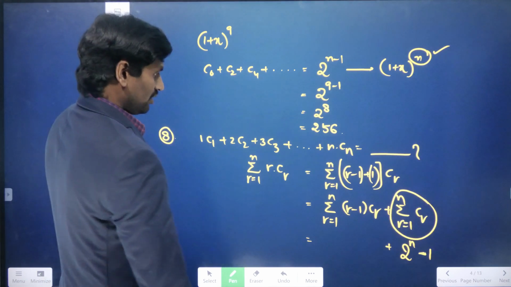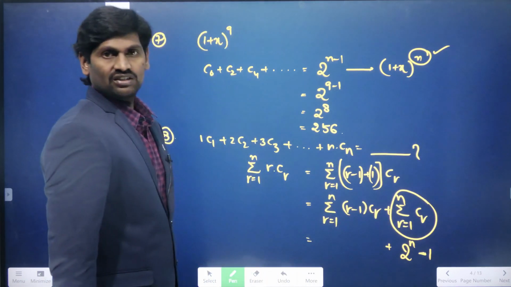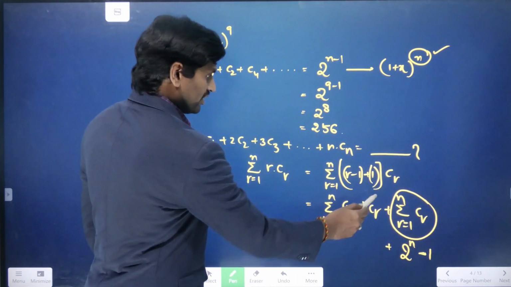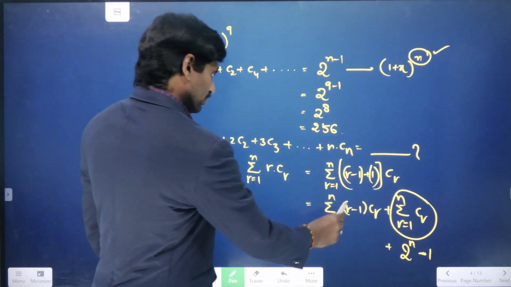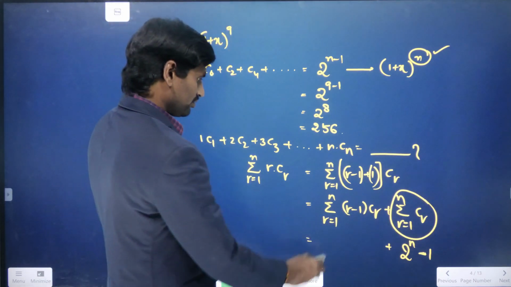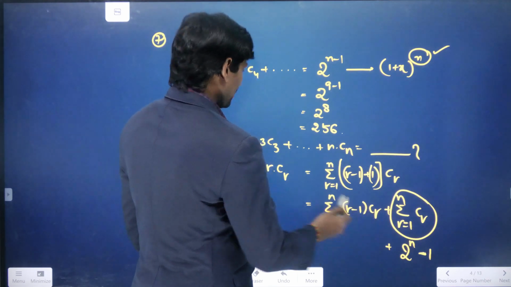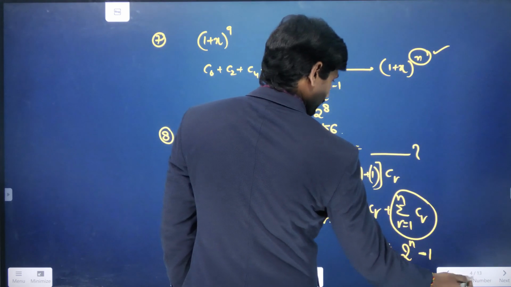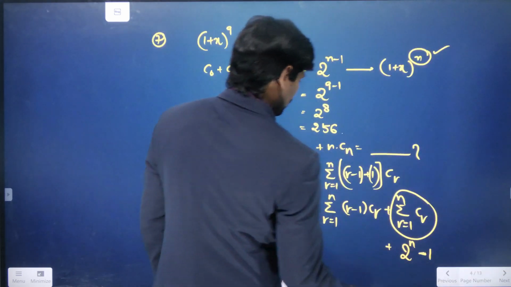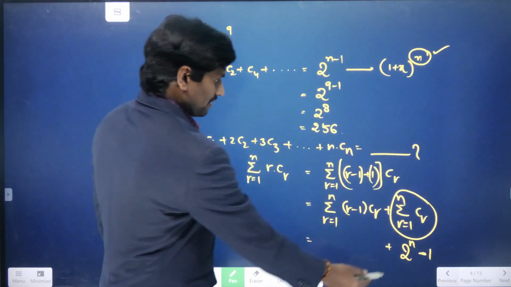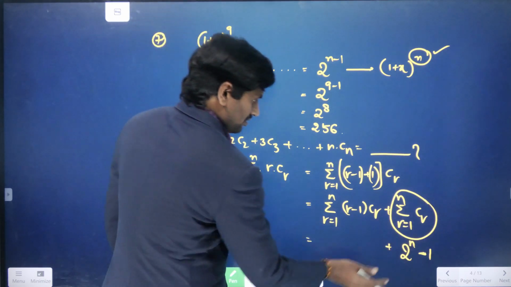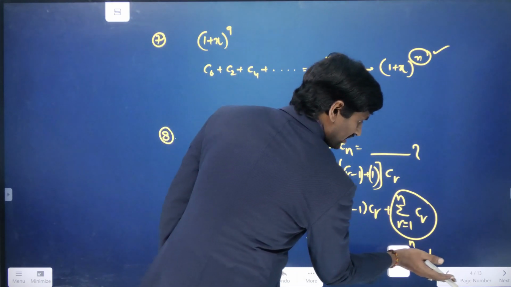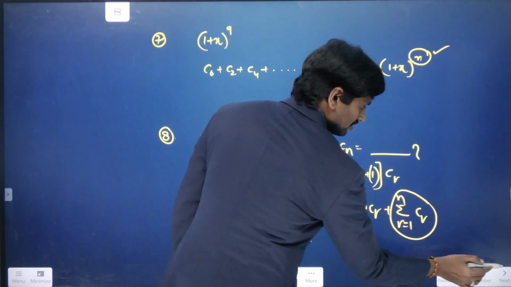Now r minus 1 into Cr. If you write 1 here, 0 into C1 is 0. Next 2, that means C2. C2 onwards, 1 C2, like this will come. Do you understand how it is coming 2 power n minus 1? Let me explain clearly on the next page.